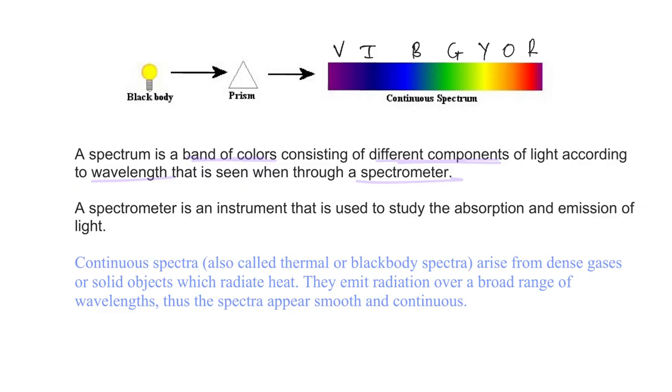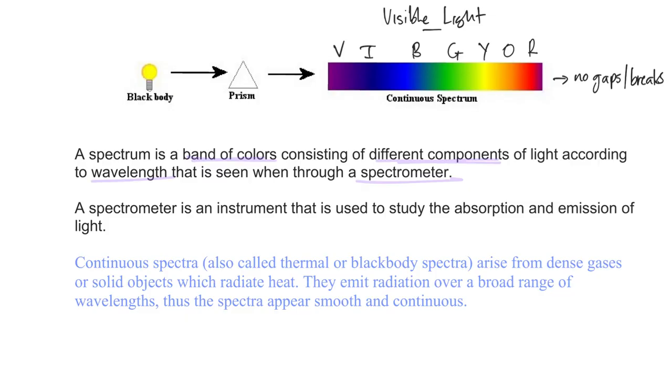Those are your colors of the rainbow. If you notice about this spectrum, there are no gaps or breaks. So it's quite a smooth display. This is called visible light, and it's on your electromagnetic radiation spectrum.